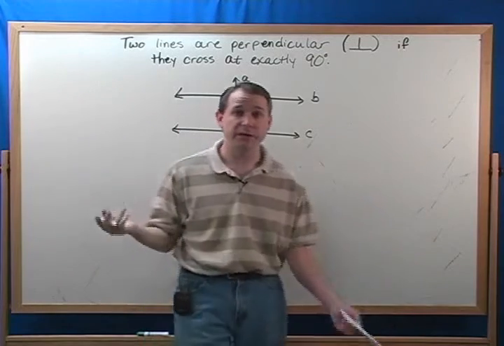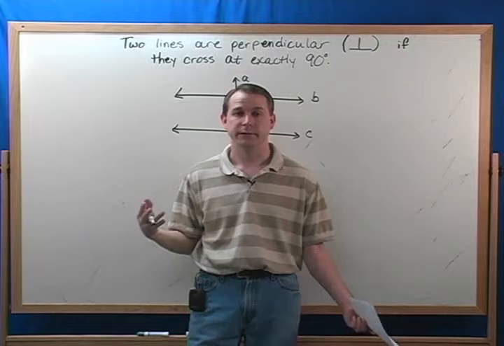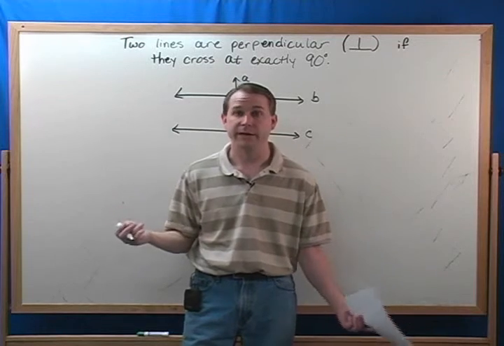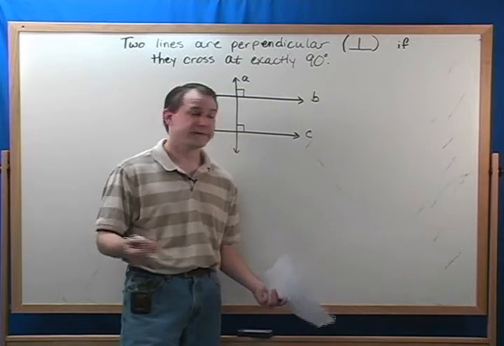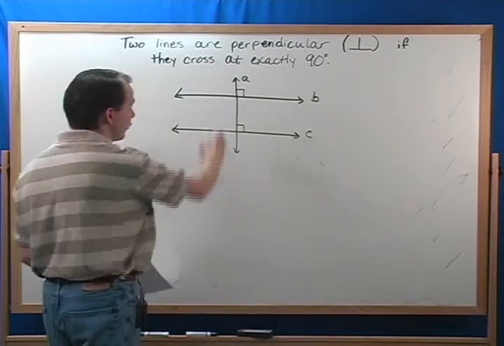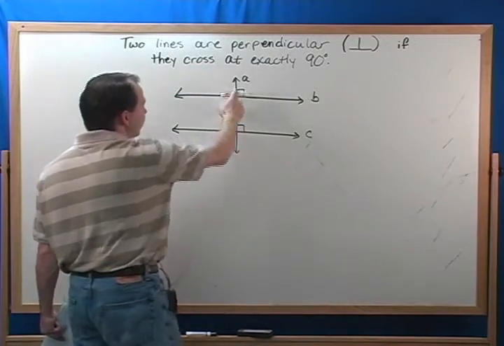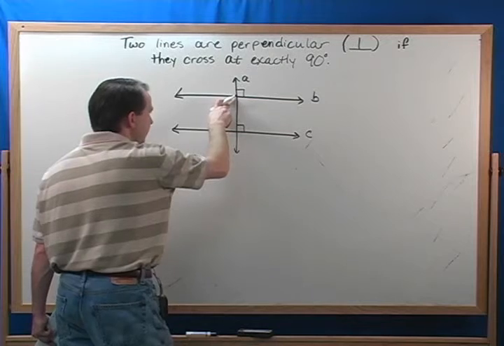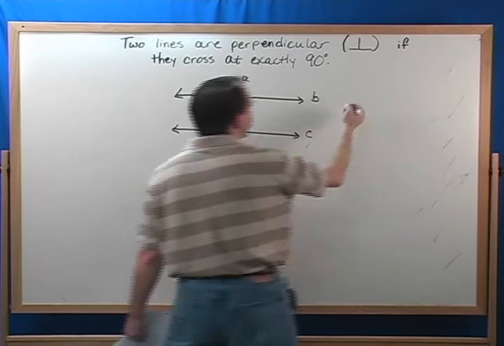So A can be perpendicular to more than one line for sure. But in this case, line A is also a transversal because it cuts through two different lines. It intersects line B and it intersects line C. So you would write that down.